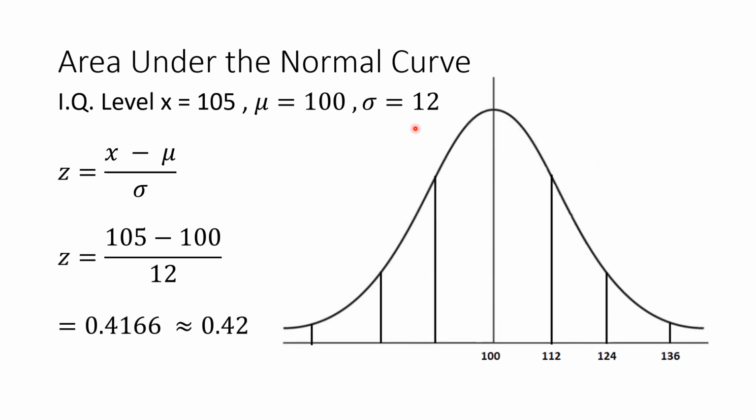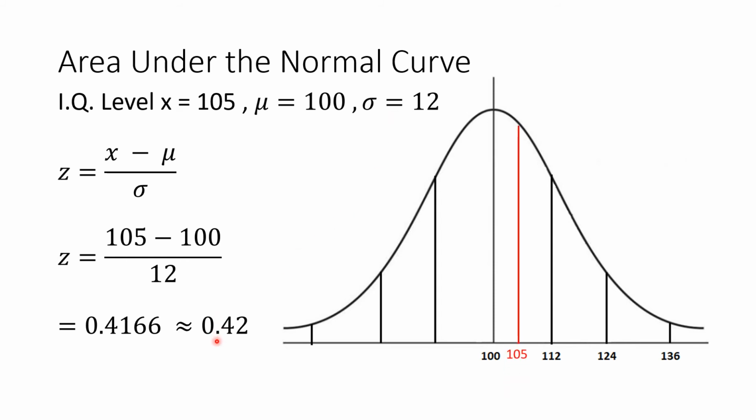So this is our graph. This time the markers are based on the values itself: 100, 112, 124, and 136. The difference is the value of our standard deviation 12. So these are the boundaries: 100 and 105.